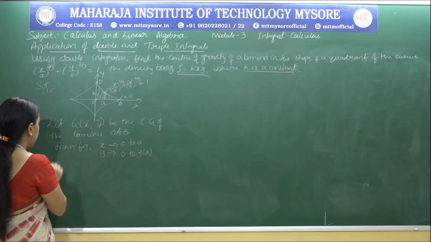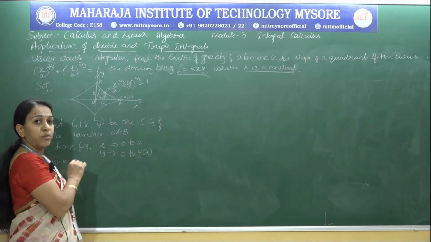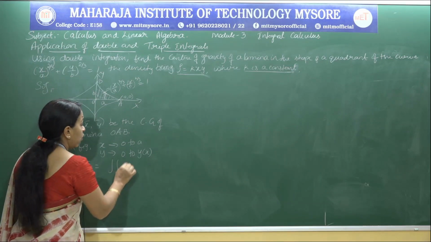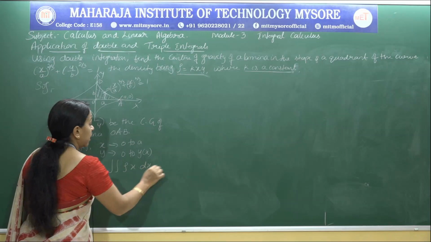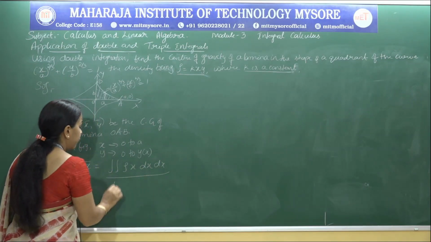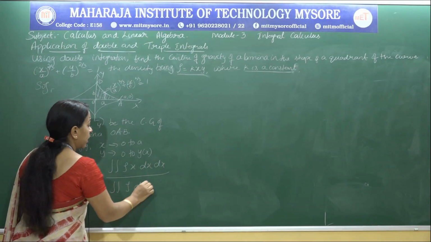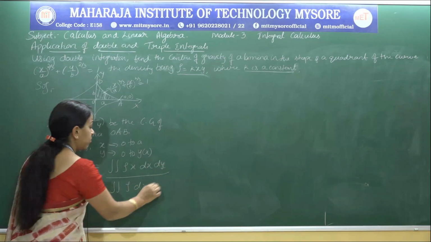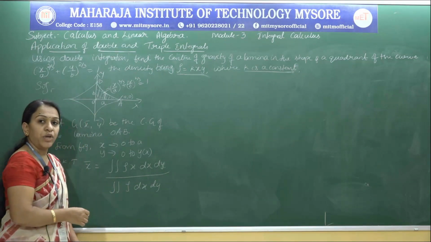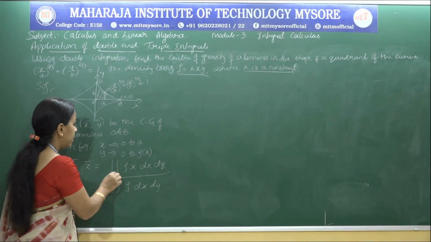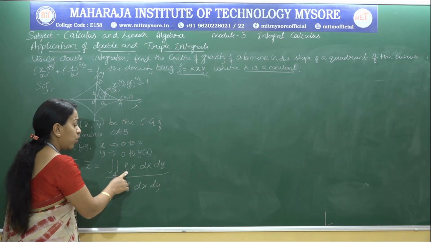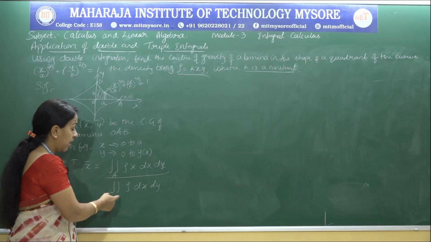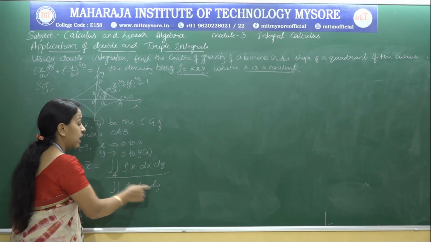So consider x bar. We know that the standard formula to get the x bar is x bar equal to double integral of rho into x dx dy divided by double integral of rho dx dy, where the mass m is the double integral of rho dx dy.